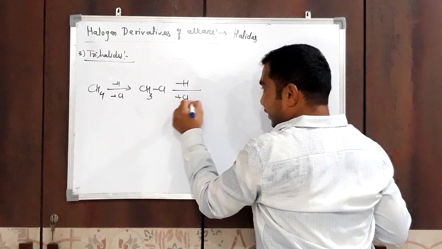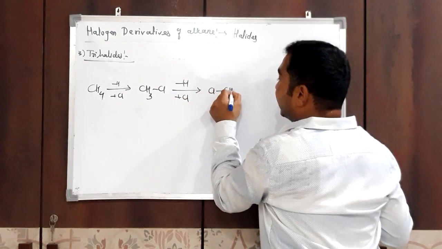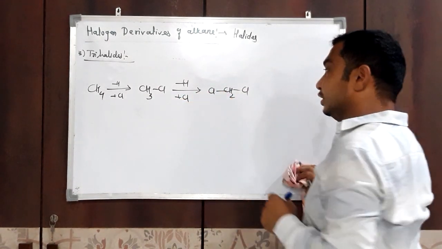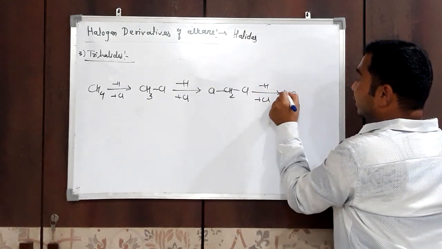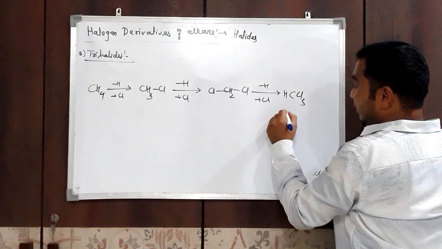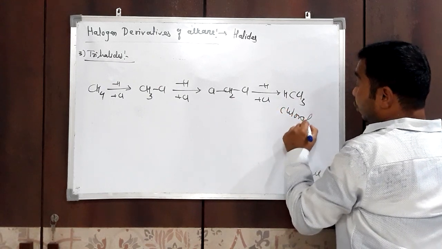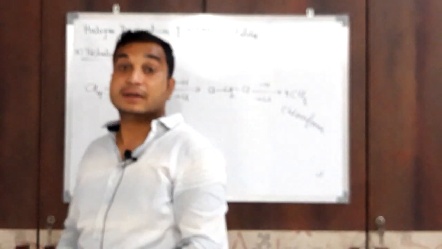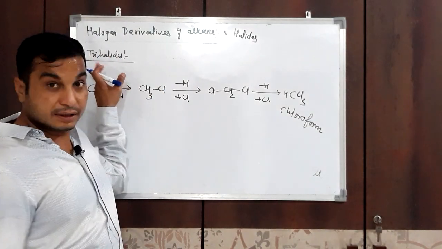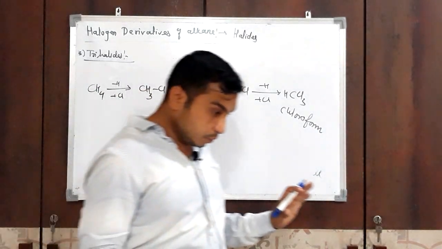Again replace one more hydrogen by chlorine, then you will get CH2Cl2, a dihalide. Again replace one more hydrogen by chlorine, then we have CHCl3, that is chloroform. This compound contains three halogen atoms, therefore it is called a trihalide.